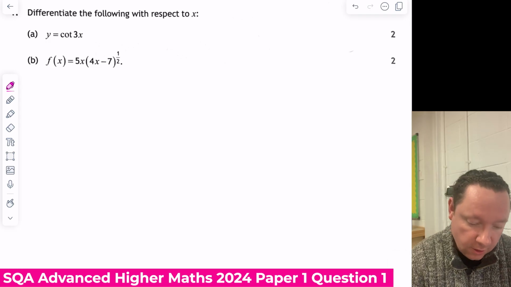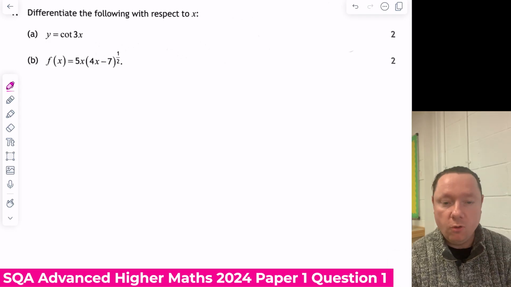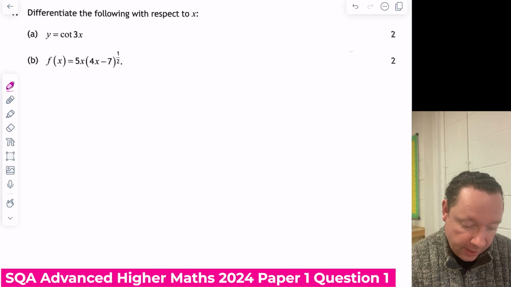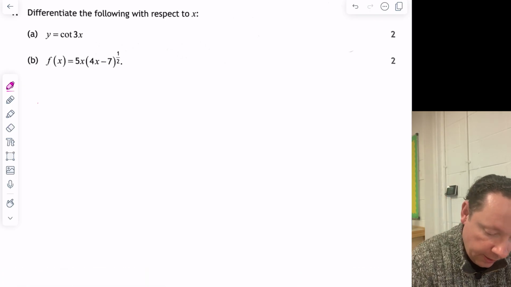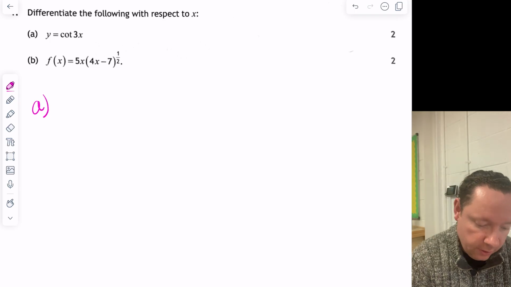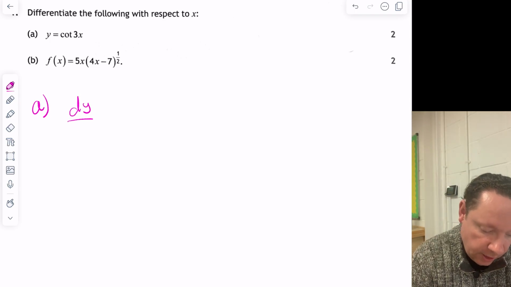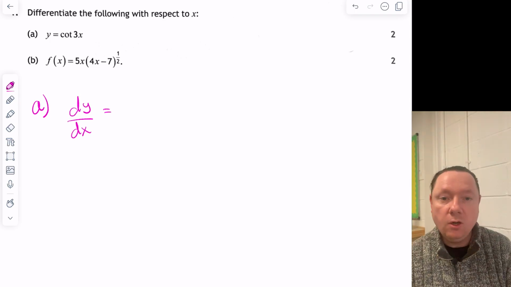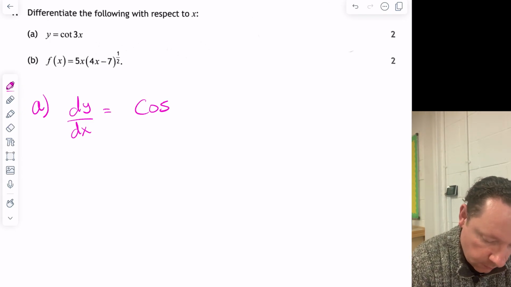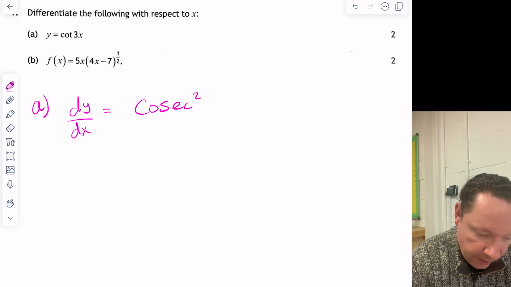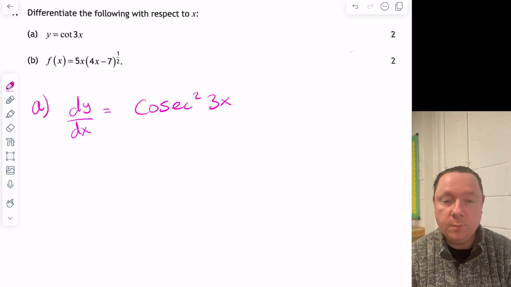Question 1. Differentiate with respect to x: y equals cot 3x, and f of x equals 5x(4x minus 7) to the half. So part A, we've got the chain rule to do here. So we've got dy by dx, and you check the start of the exam paper, and cot goes to cosec. So I've got cosec squared 3x, and then I like to times by that 3.